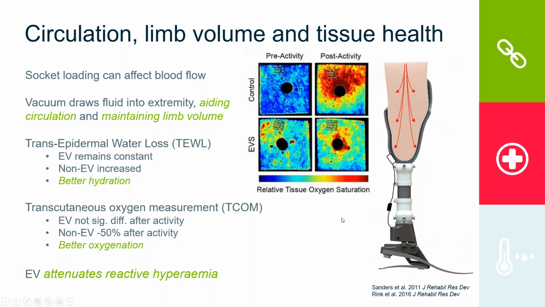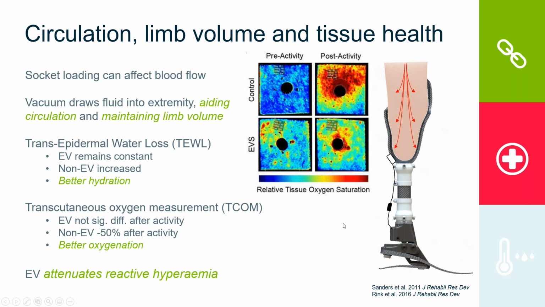This particular image here shows the difference in oxygenation of the residual limb tissue. An area coloured blue indicates high levels of oxygen in the tissue, while a red area indicates a deficit.